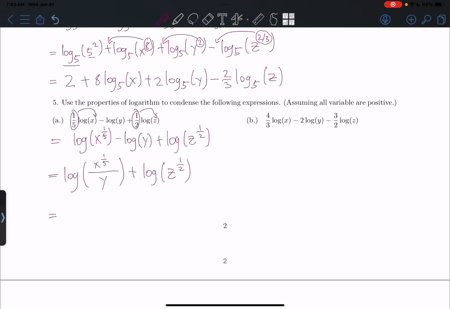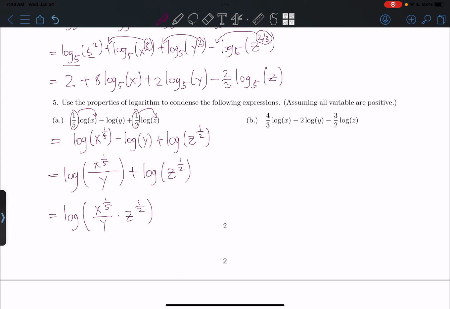Same thing, this step, it turns addition on the outside into multiplication on the inside. I just have log of x to the 1/5 times d to the 1/2 all over y. Let me write it slightly differently here. X to the 1/5 over y times d to the 1/2.